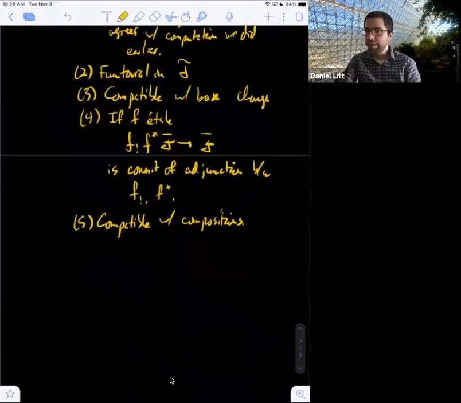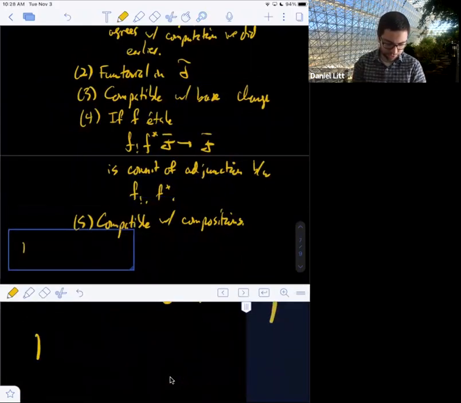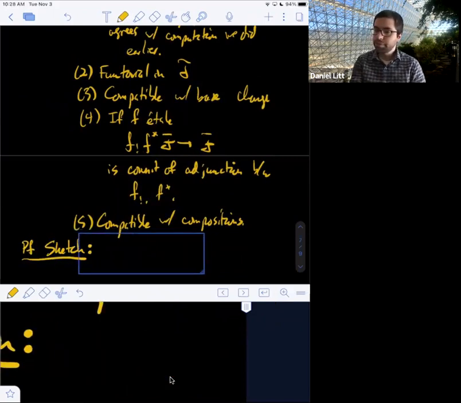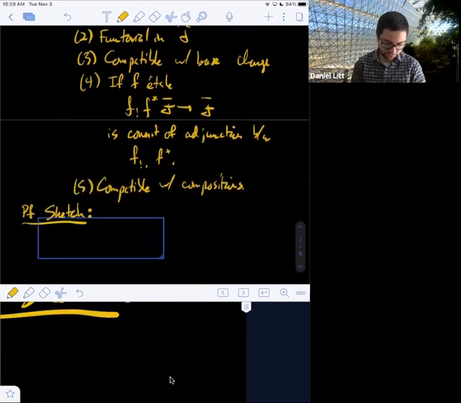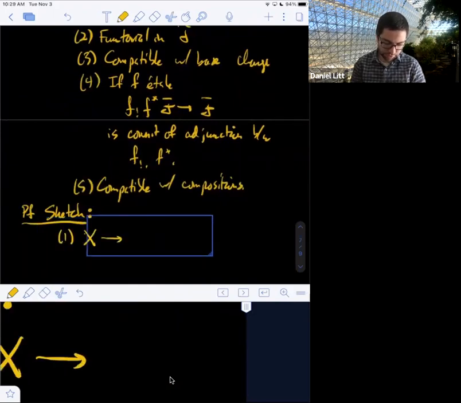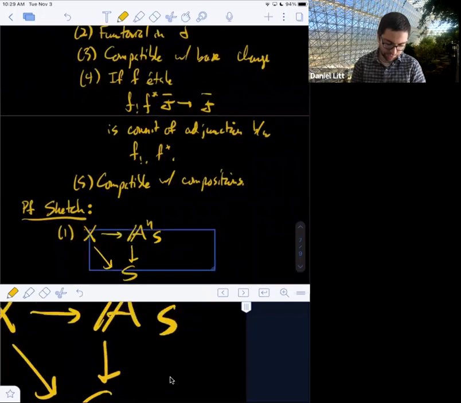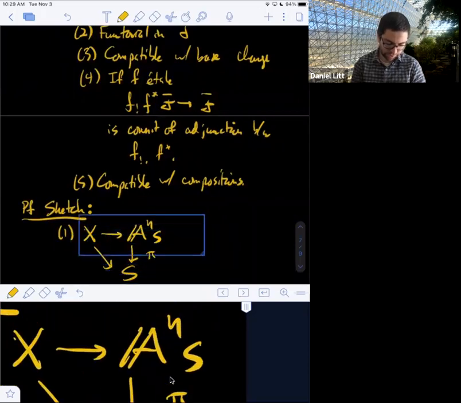Okay, so let me say a word about the proof. So, proof sketch. Suppose we're in the following situation. Suppose we have X to affine space over S to S, where this is just the projection and this is Étale.